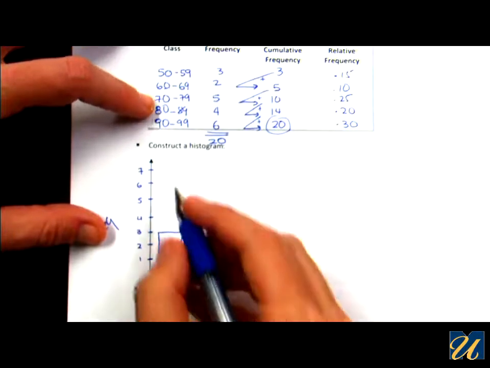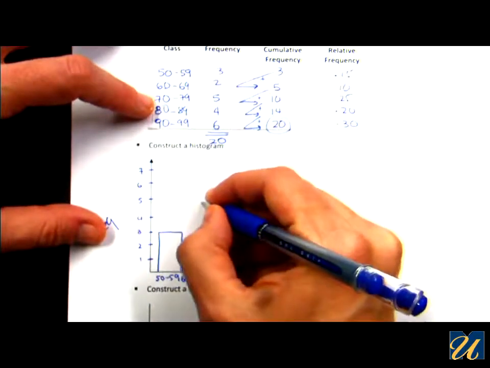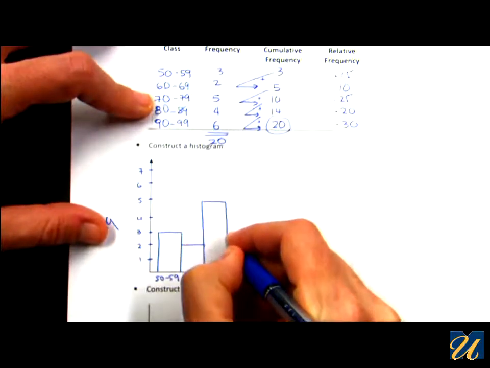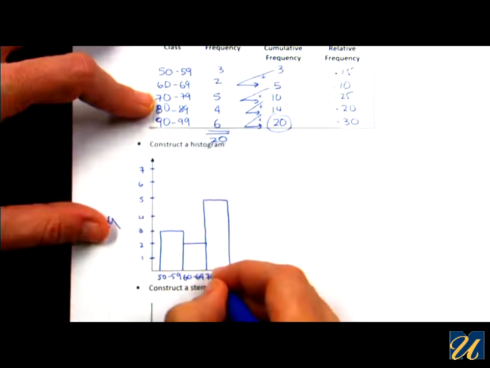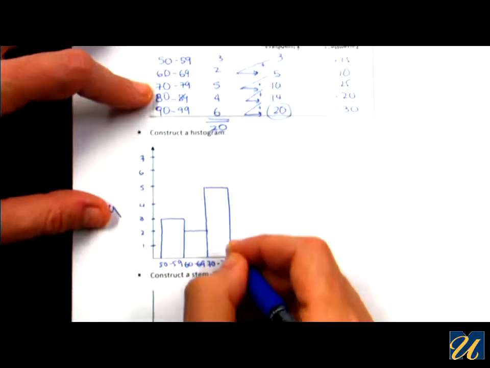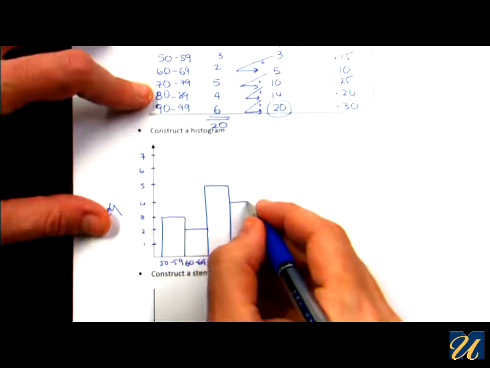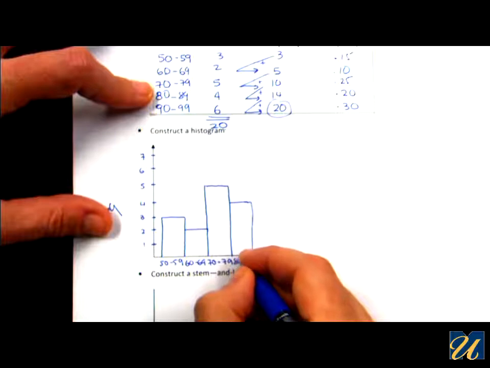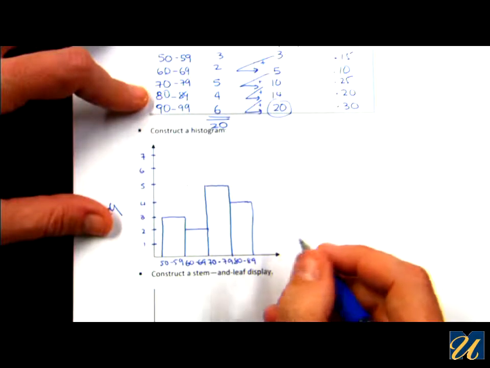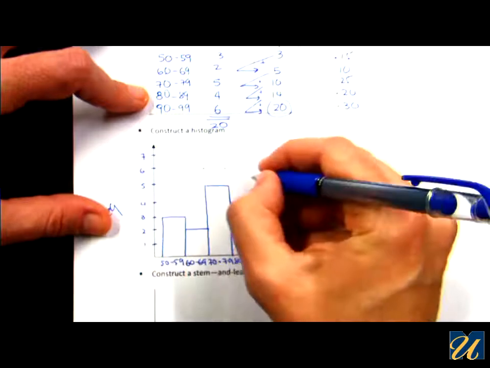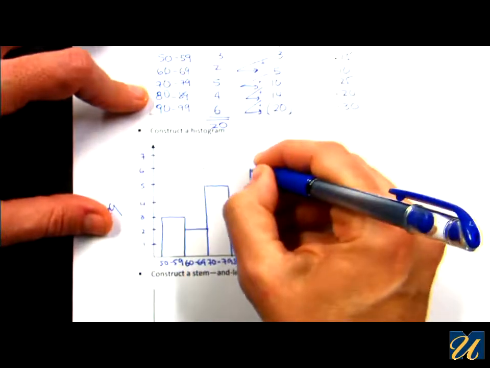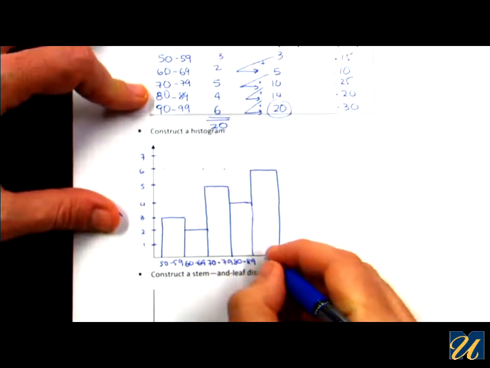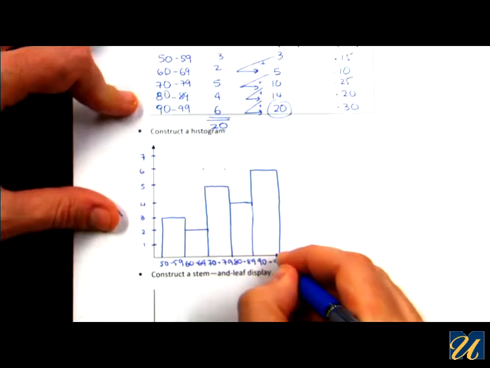The next one is 5, 70 to 79, 4, 80 to 89, and the last one is 6, 90 to 99.